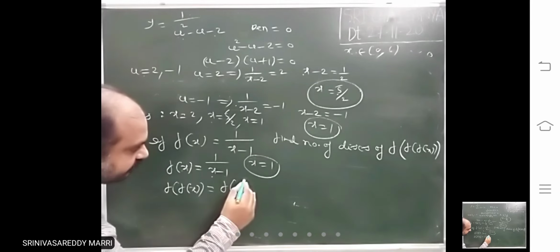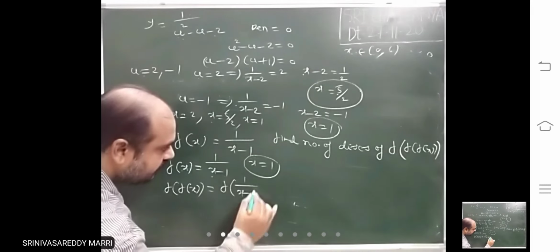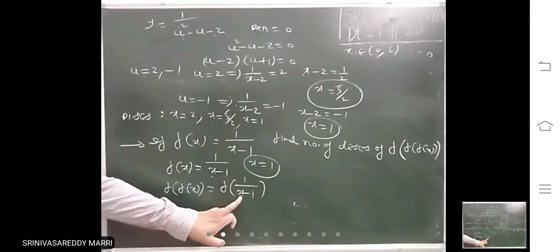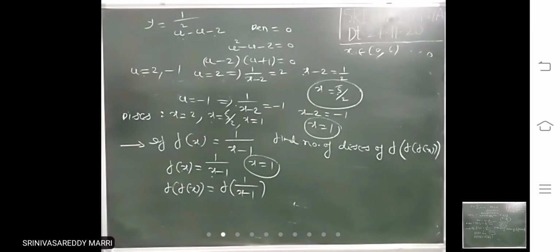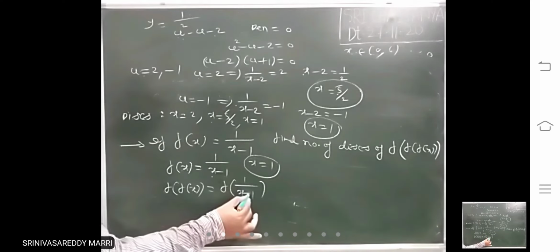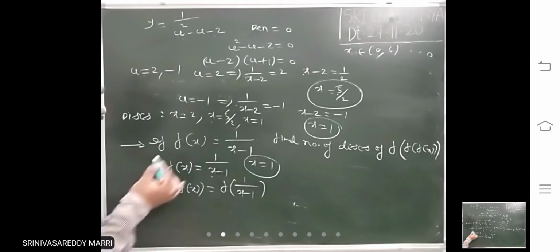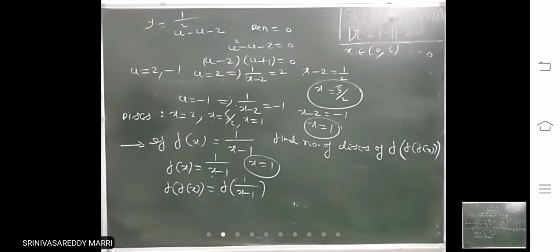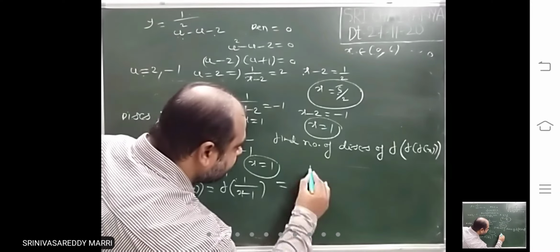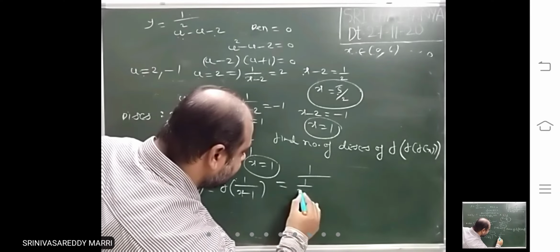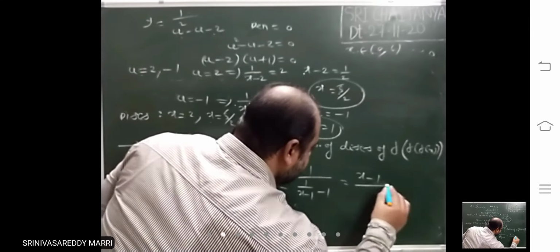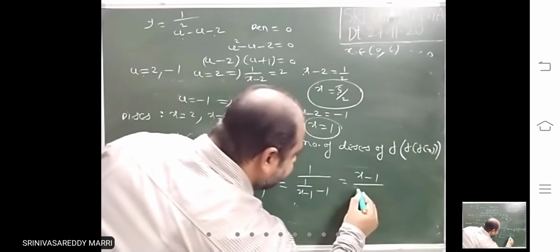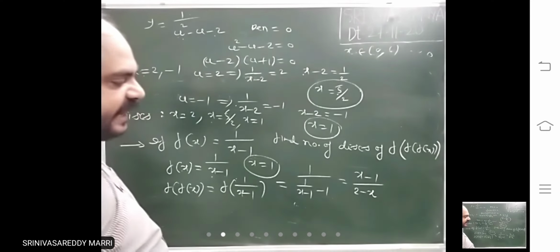This is nothing but f of 1 by x minus 1. How to calculate f of 1 by x minus 1? Here, in place of x, put 1 by x minus 1. If we are calculating f of 2, we substitute 2. Similarly, f of 1 by x minus 1 is nothing but 1 by 1 by x minus 1 minus 1. Taking the LCM, you get x minus 1 divided by 2 minus x.